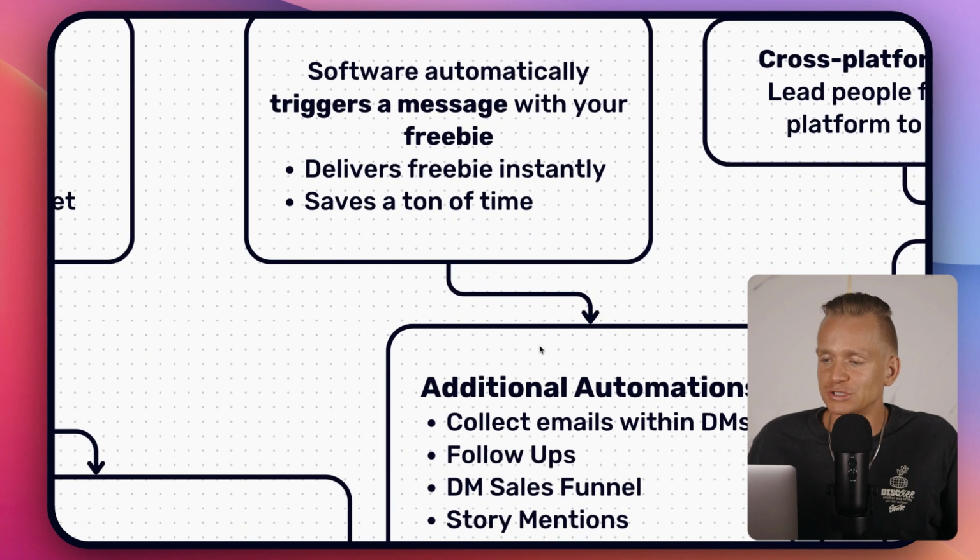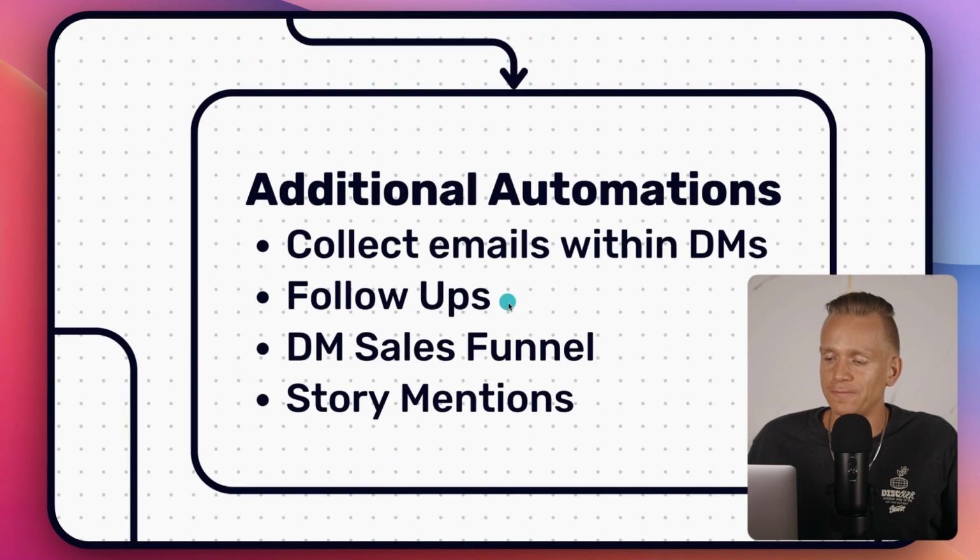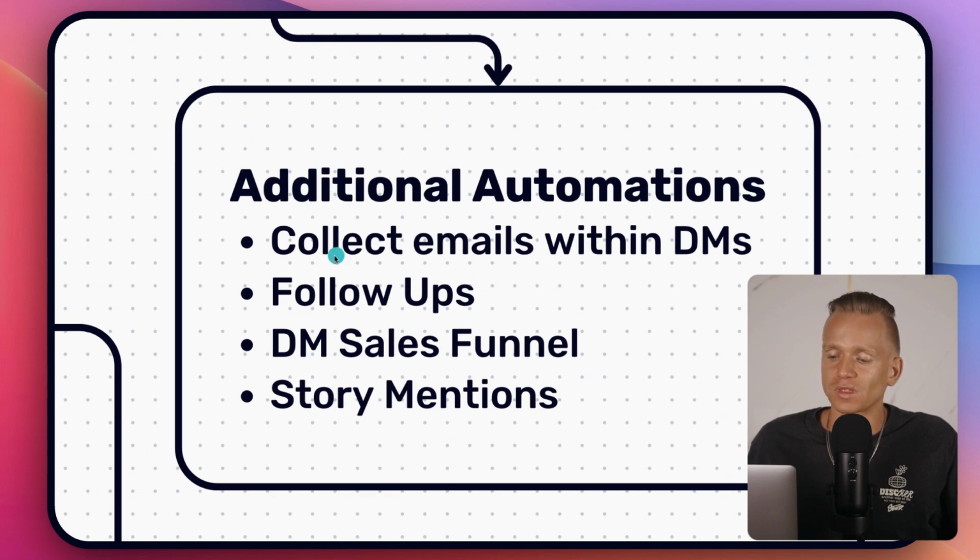And by the way, when it comes to these automation softwares, I'm not going to go in depth right now, but they provide a lot of different features that, aside from this strategy, can really help you. So for example, you can send people to a landing page where you collect their email address, because I would suggest you usually collect an email address.